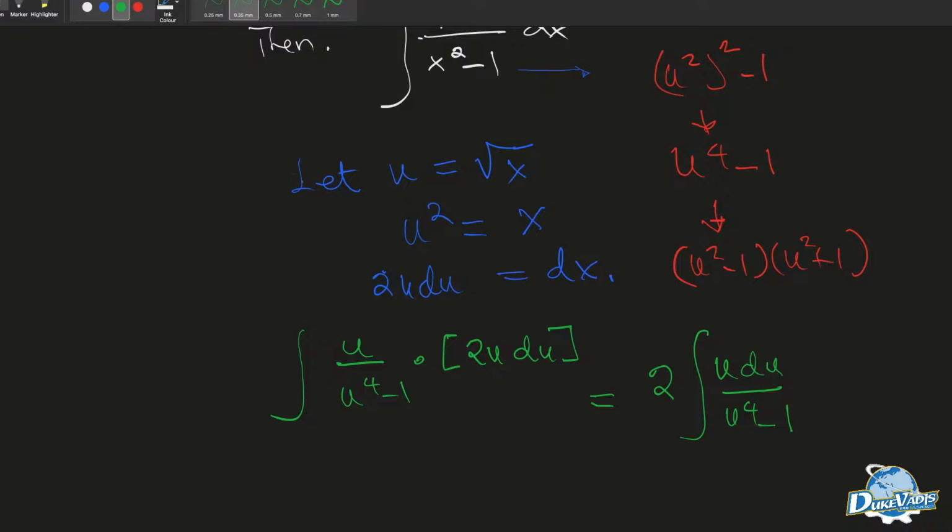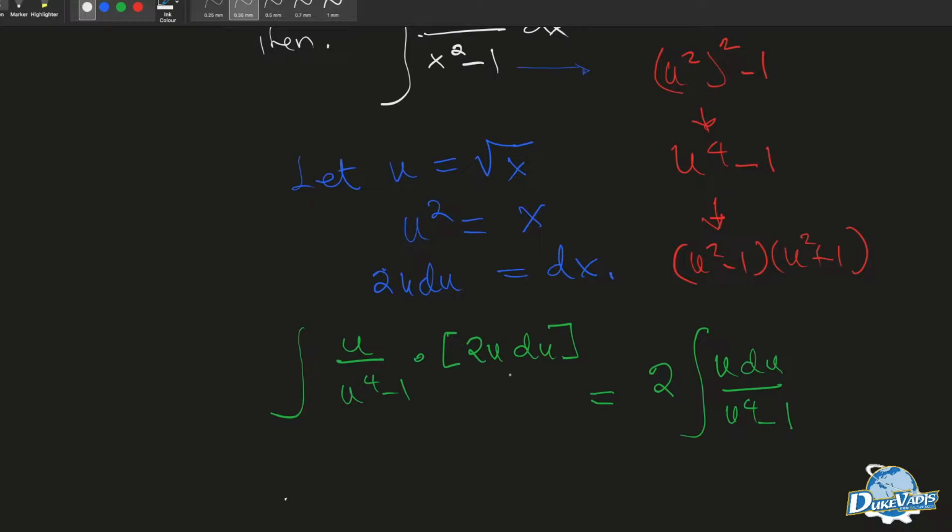So we are going to expand it further. On a certain note, if you look carefully, when we have 2u du, let's substitute that carefully.